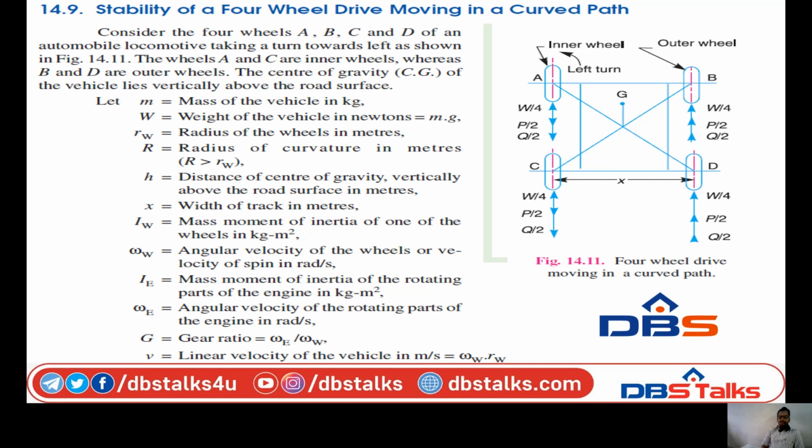In the same way, for a right turn, AC are outer and BD are inner. In any case only two wheels are in the condition of vertical reaction. So we take P = C / x, and we write it as P/2 = C / 2x.